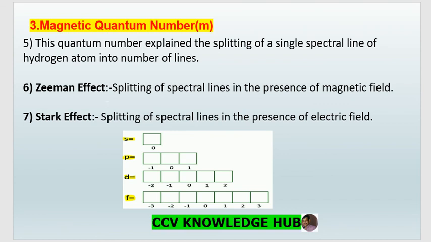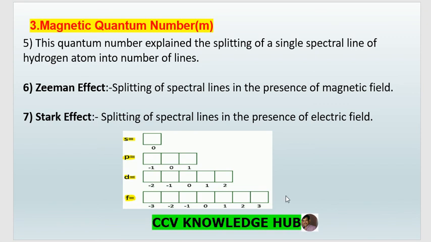If you see here, s orbital 0. For the p orbital, the first one is -1, the middle one 0, the last one +1. For the d orbital, -2, -1, 0, +1, +2, so 5 orbitals. And for the f orbital, -3, -2, -1, 0, +1, +2, +3.